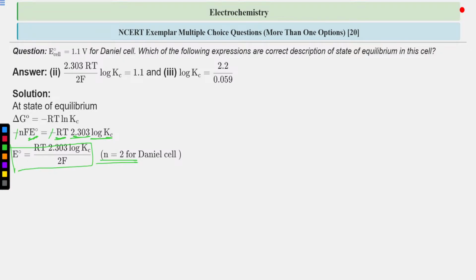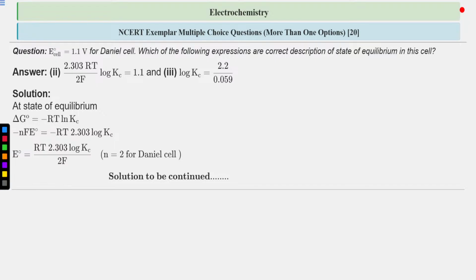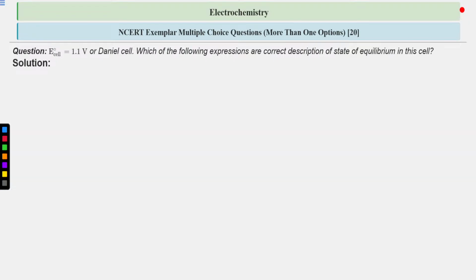First of all, we try to convert this into the equations which are already given in our options, to match and conclude the correct answer. Since at equilibrium the E naught is already given as 1.1 volt for the Daniell cell, we put this value in the equation.